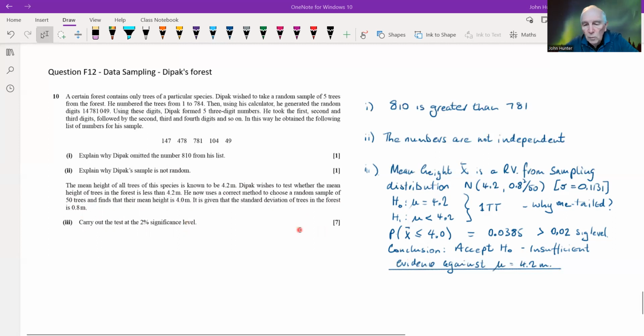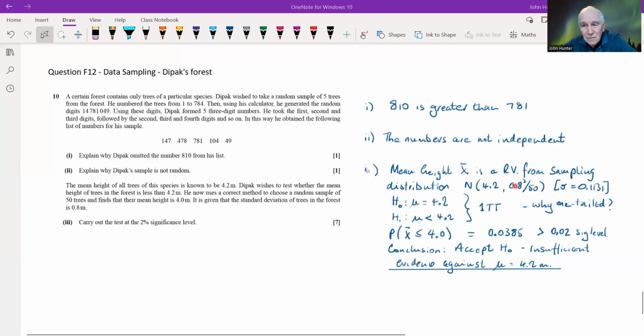Okay, so now, going back to our sampling distribution, what we've actually got is he's taken the mean height of 50 trees. So the random variable, which is the mean height, the sum of your sample divided by 50, is normally distributed with a mean of 4.2 and a variance of 0.8 squared.